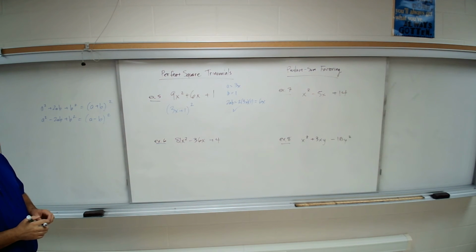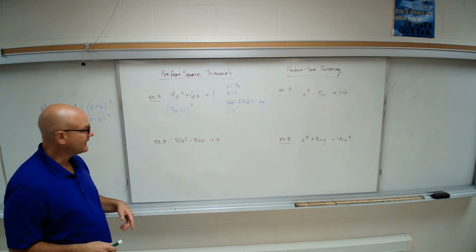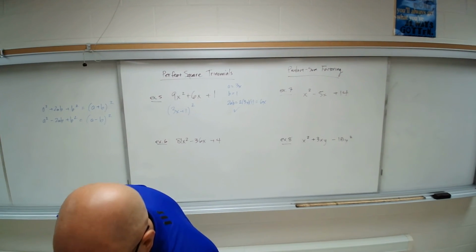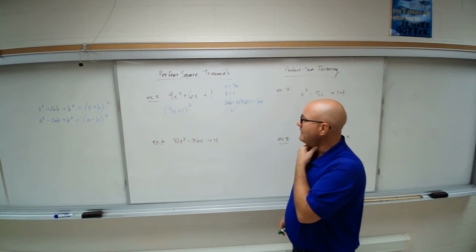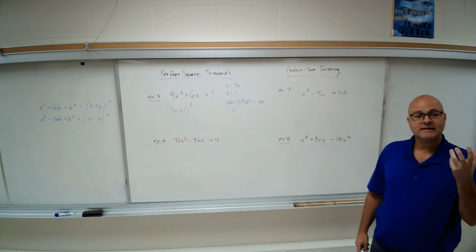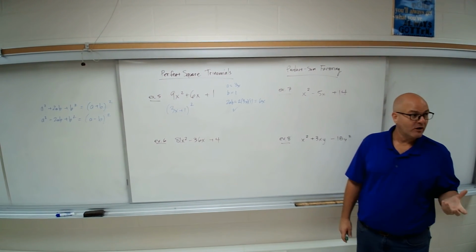So if you want to take a look at the next one here, if you want to see if it fits the pattern, I think it does, but we'll just take a look. Go ahead and take a second and try that one. So here, 81x squared minus 36x plus 4. Again, the things that make me think it could potentially be a perfect square trinomial is the 81 and the 4.